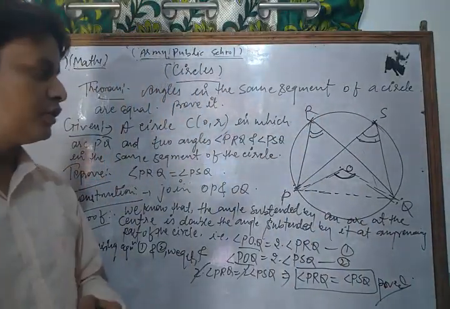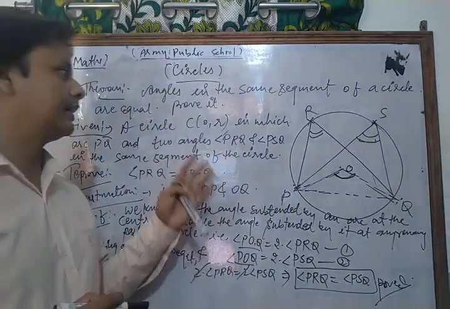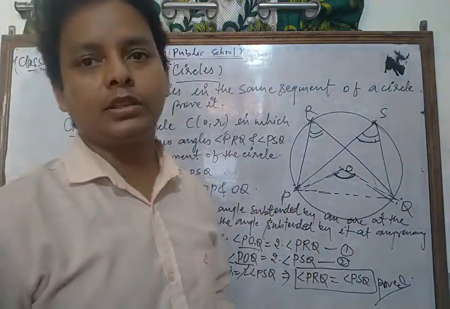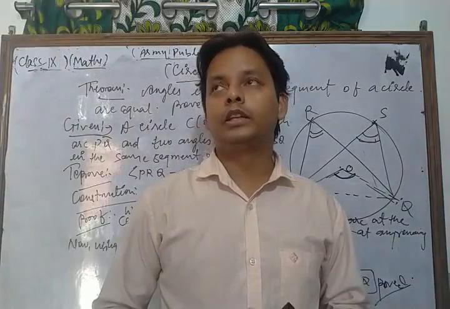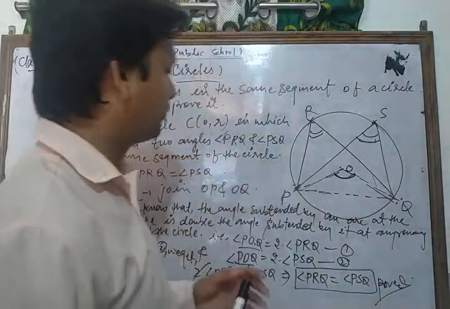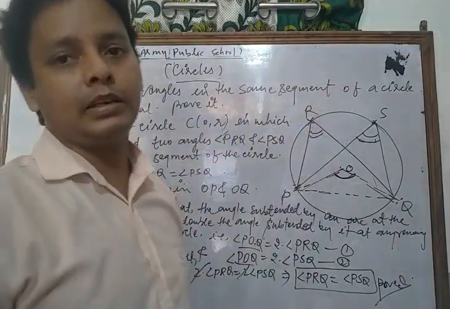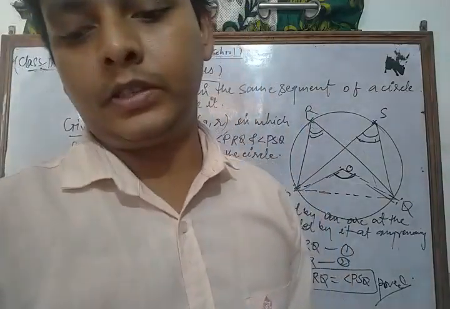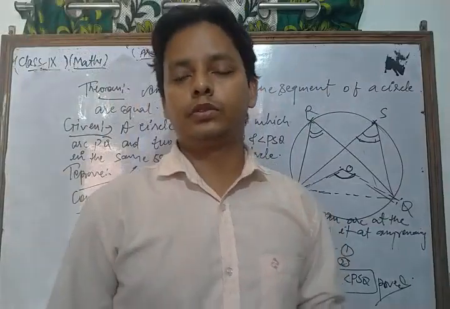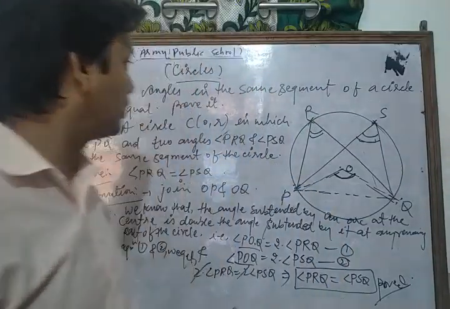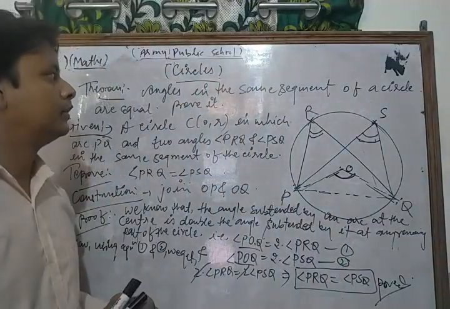So dear students, in this way we can say that the angles in the same segment of the circle are equal to each other. So first of all, you revise all the important theorems which we discussed in this class. After that you can solve each and every question of your NCERT exercise based on these theorems.